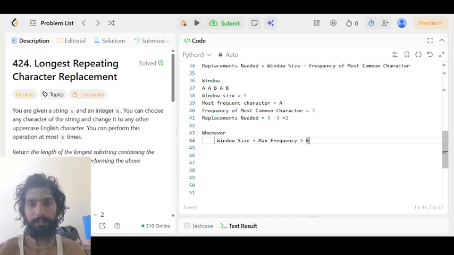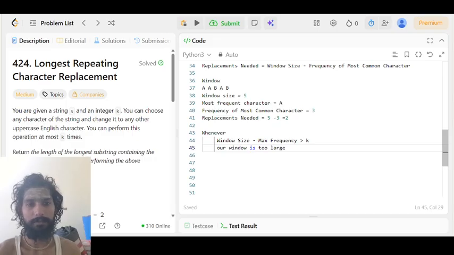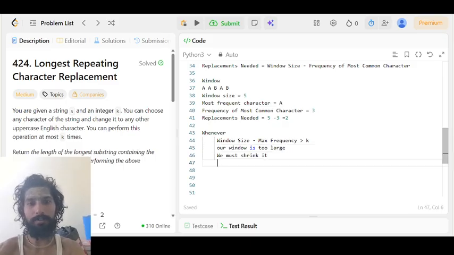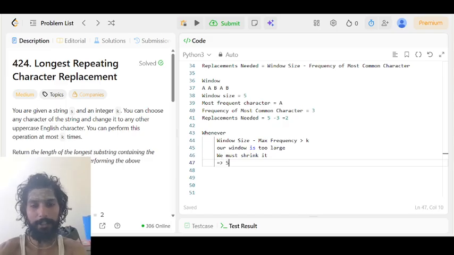We must shrink it. And that is how we get the intuition of sliding window.